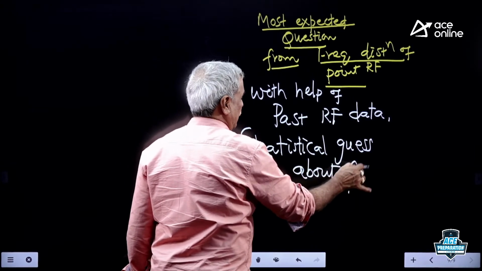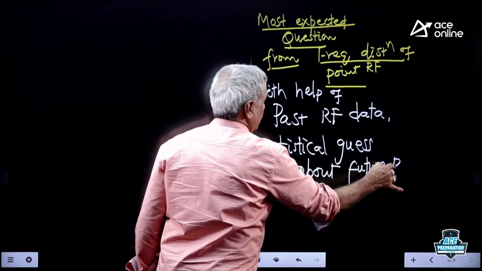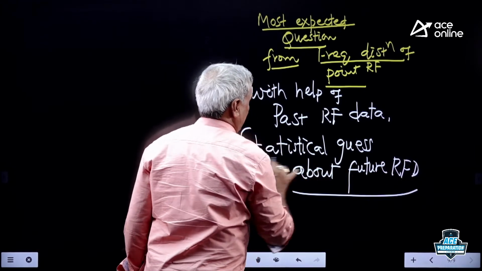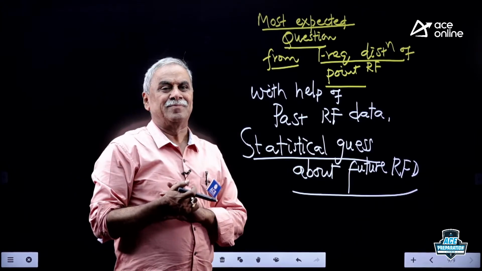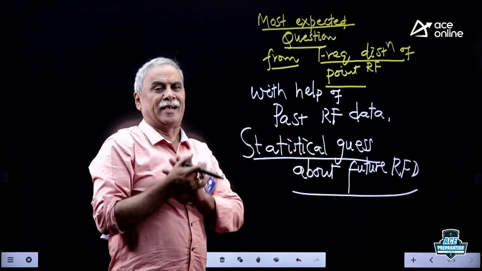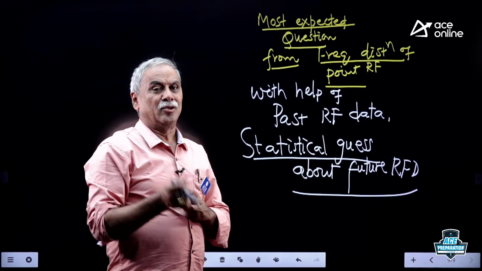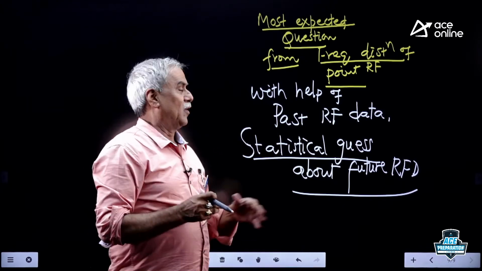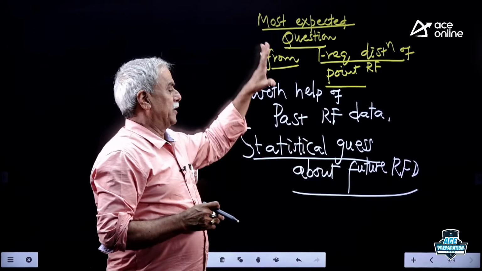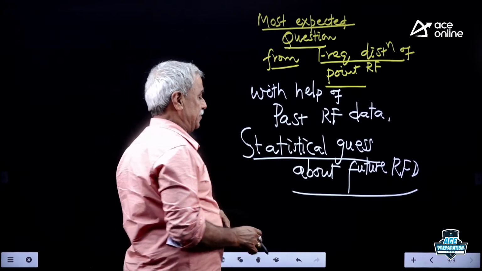That is the purpose of the topic. You have the rainfall data of some number of years. With the help of the rainfall data of the previous years, you are able to guess about the future rainfall. That's what we are going to see in the frequency distribution of rainfall.